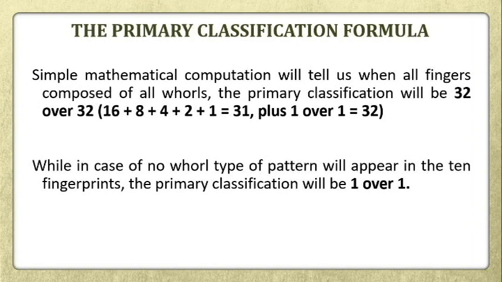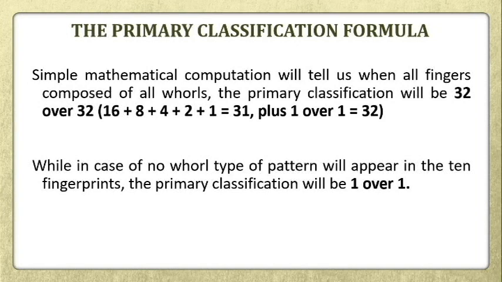If there is a question in your mind about where the 1 over 1 came from, it is a constant value, just in case no whorl pattern appears in the 10 fingerprints. Meaning, if all fingerprints are loops or arches without whorls, your primary classification will be 1 over 1.